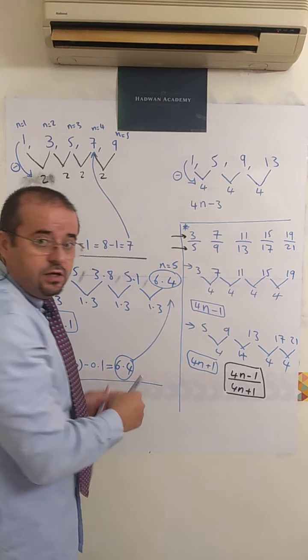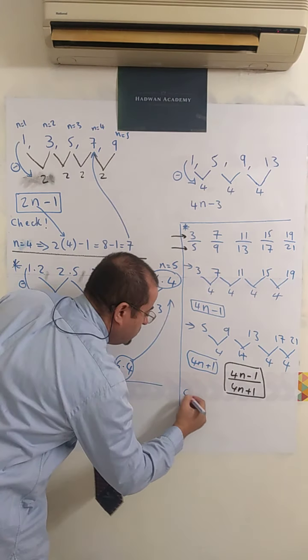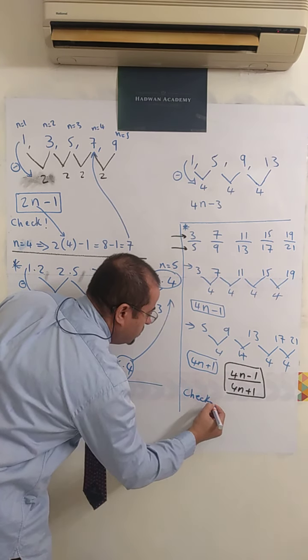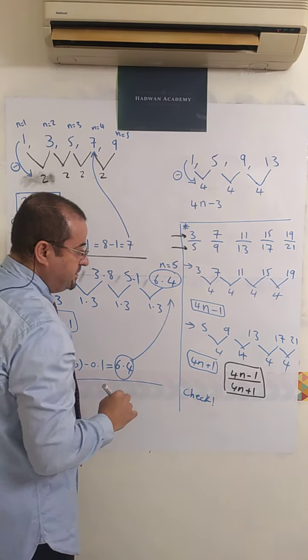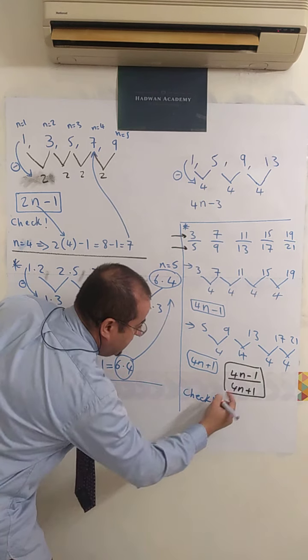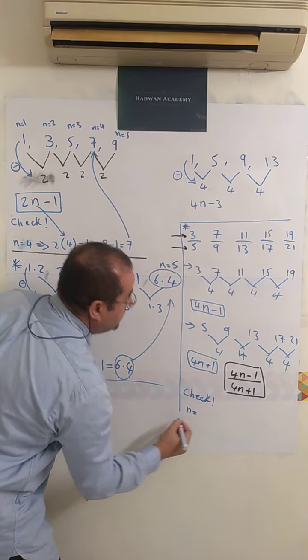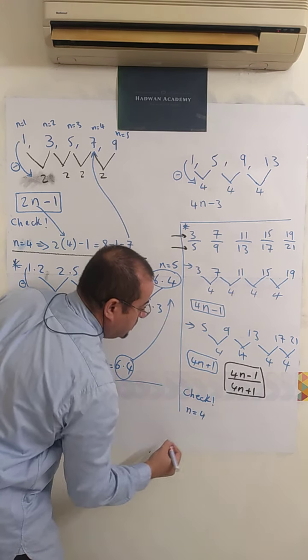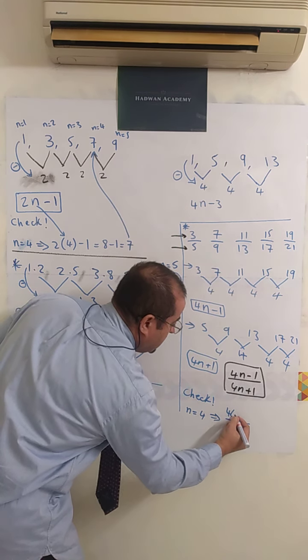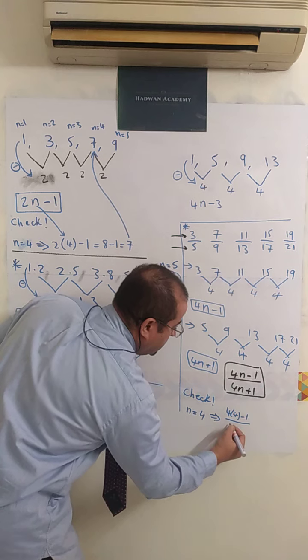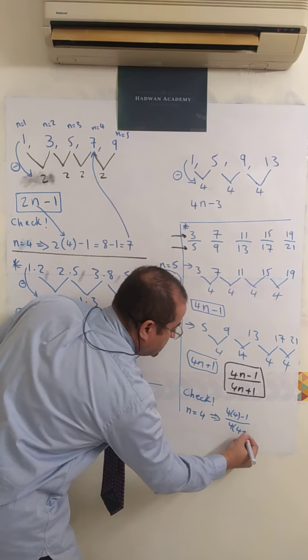And to check, always check before you submit your answer. Okay, I'll take n here, let's take it as 4. So it becomes 4 times 4 minus 1 over 4 times 4 plus 1.